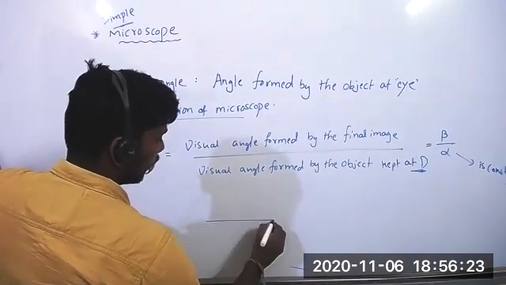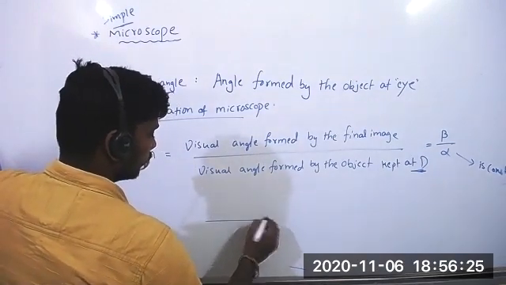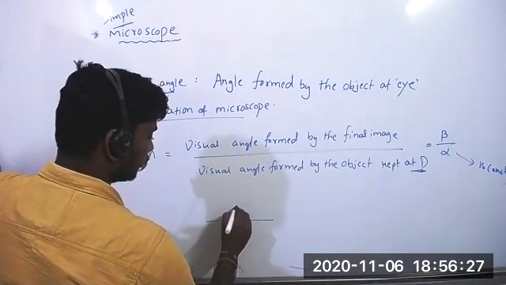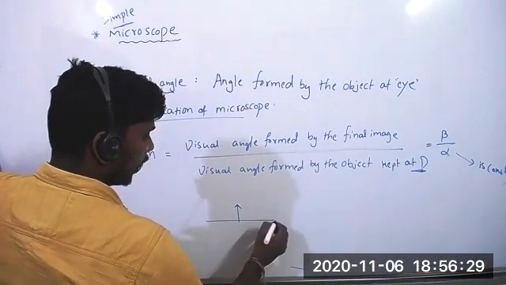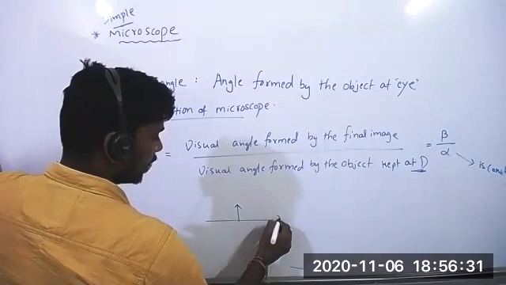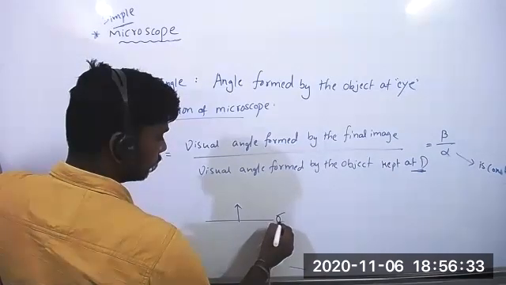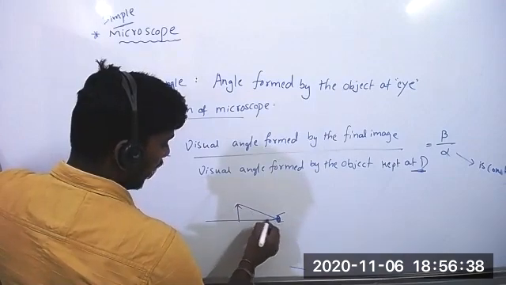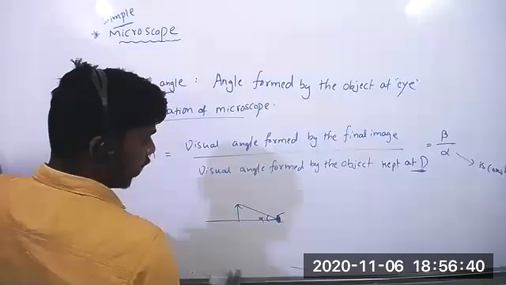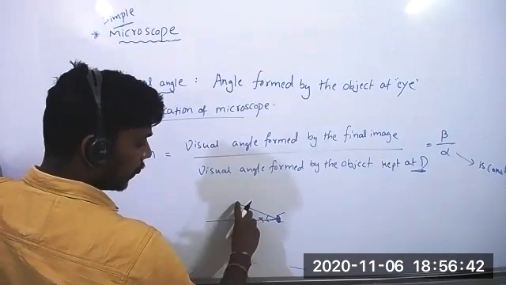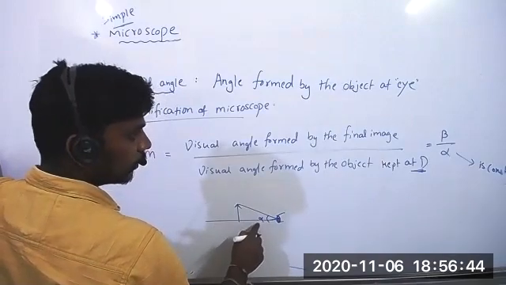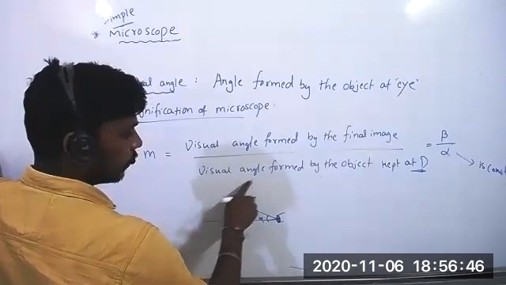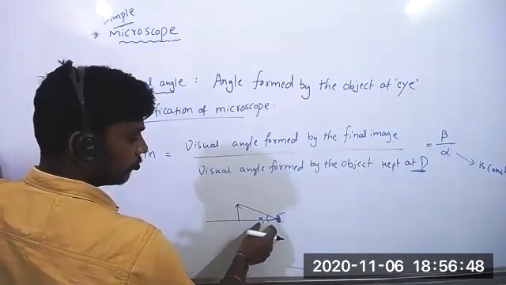See once. Suppose this is the object, and this is the eye. If it is at any angle, it is alpha. The angle formed by the object at the eye is called the visual angle.